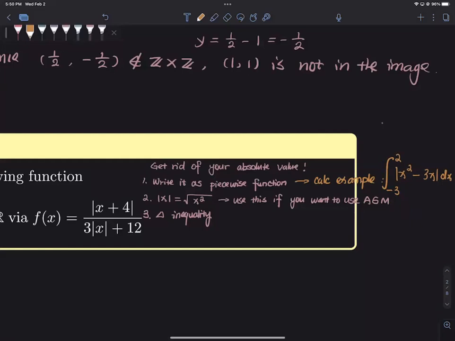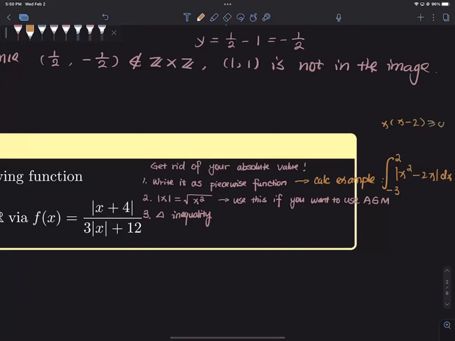Let me check. So x minus 3. Oh, that's 3. I want it to be 2. It might be too complicated. Let's use 2 then. Minus 2x.